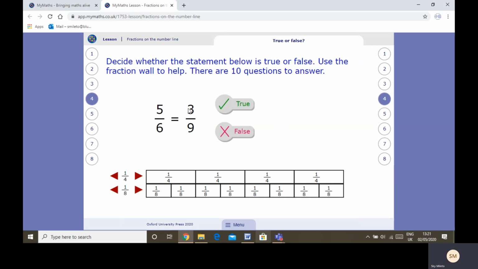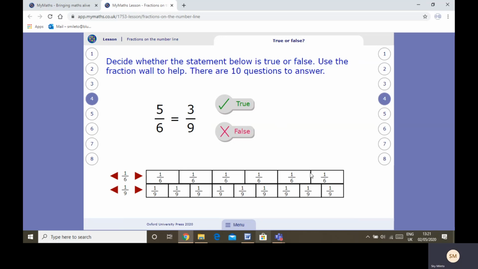5/6 and 3/9. 6 times... Oh, can we do that? 6 times what equals 9? It doesn't go. Okay. So what I'm going to do, because I can't times the numbers, I'm going to look on here and see whether it's true or not. 5/6, 1, 2, 3, 4, 5.